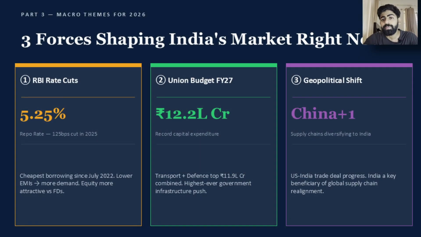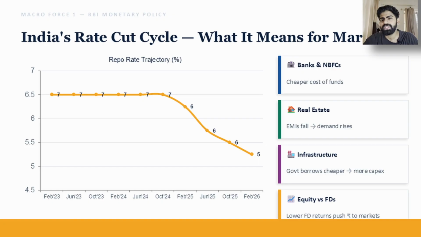So the major themes of India will be decided based on these three factors: RBI's monetary policy, the geopolitical landscape of the country, and the government spending priorities. RBI's policy gives us the indicator of where the Reserve Bank of India wants the flow of money to be, which sectors are important for the growth of the economy.